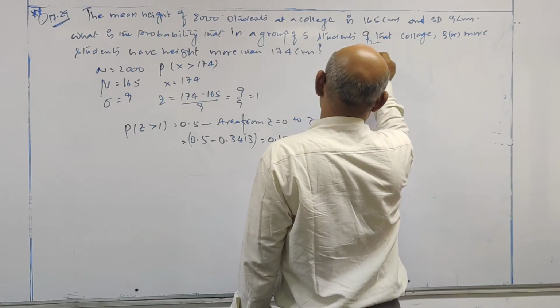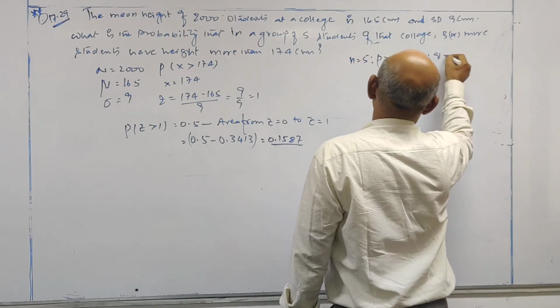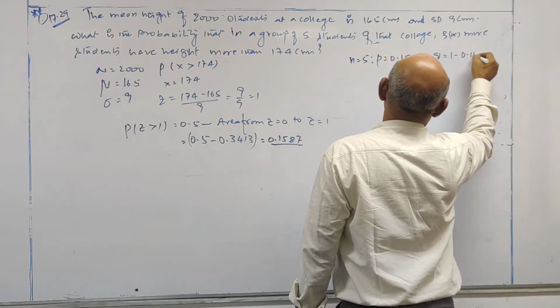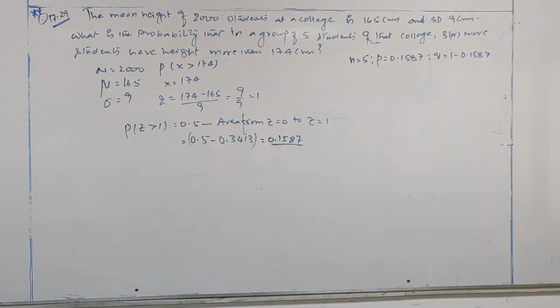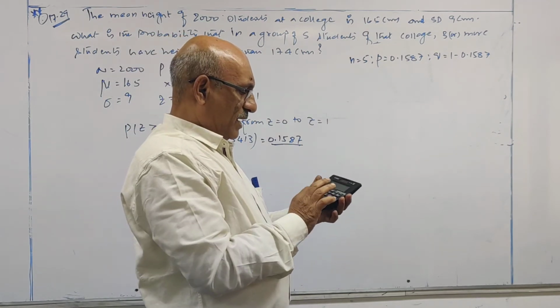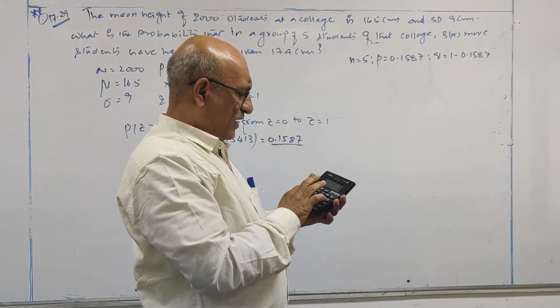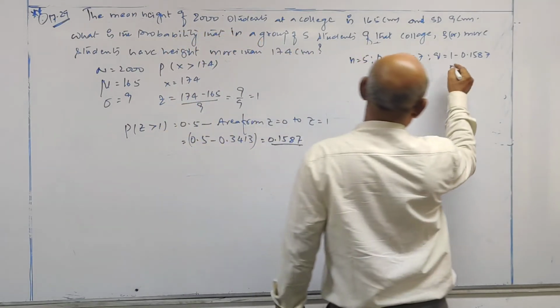n is equal to 5, small p is equal to 0.1587, small q is equal to 1 minus 0.1587, which is 0.8413.